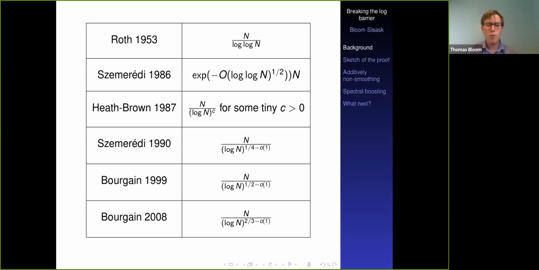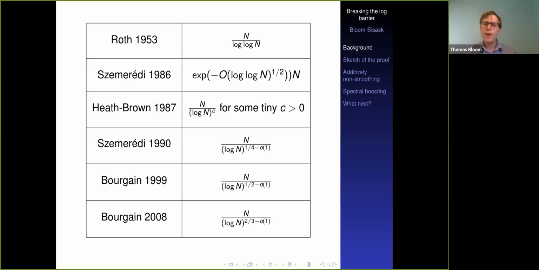Those ideas were then pushed further by Heath-Brown, who in '87 proved the first polylogarithmic bound, n over (log n)^c for some tiny constant c, but in principle computable.